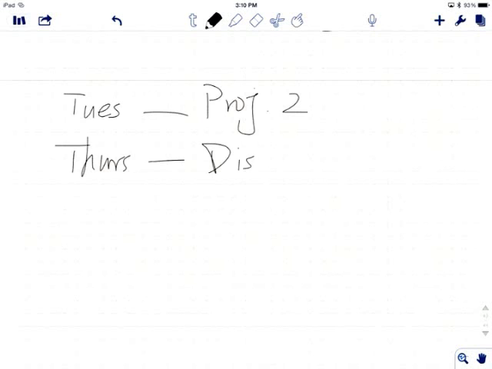Yeah. So on Tuesday, I'm going to give out project 2. On Thursday, we'll have discussion. This time, you are already familiar with what to do, so it should be really quick. 2 days is more than enough. Then on the following Thursday, I'll give you 1 week to work on it.